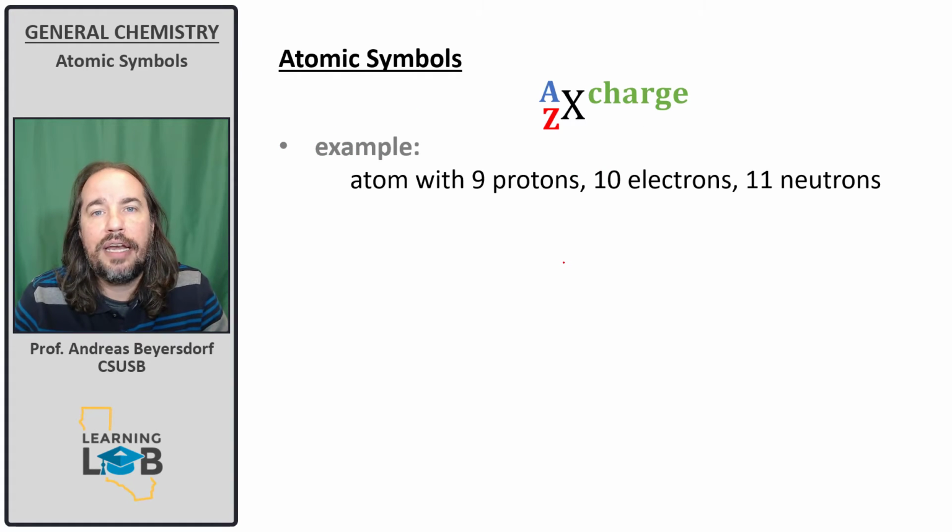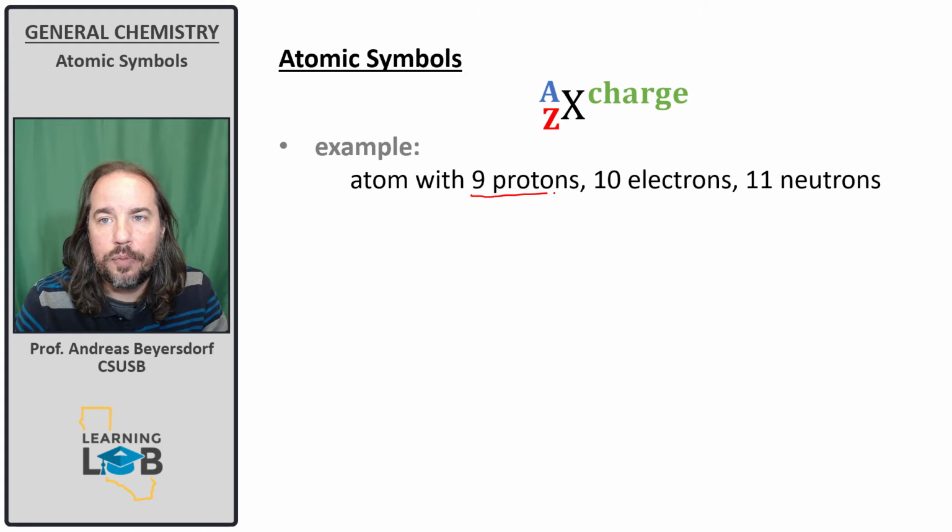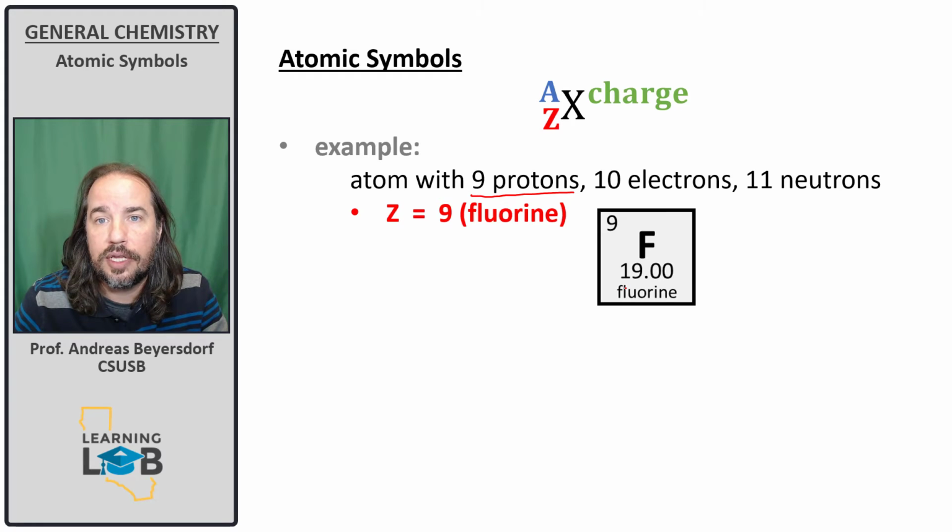So let's say we had an atom with 9 protons, 10 electrons, and 11 neutrons. Now, if we look at this, we should determine that the number of protons determines the type of element. So if it has 9 protons, that means its atomic number is 9, and that means it is fluorine.